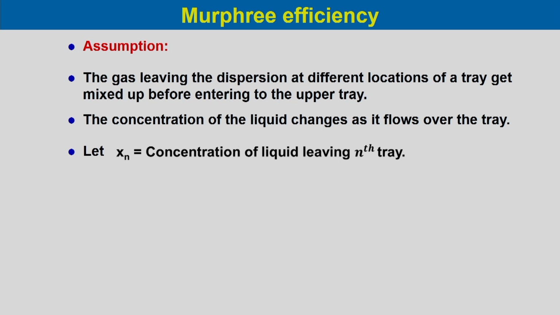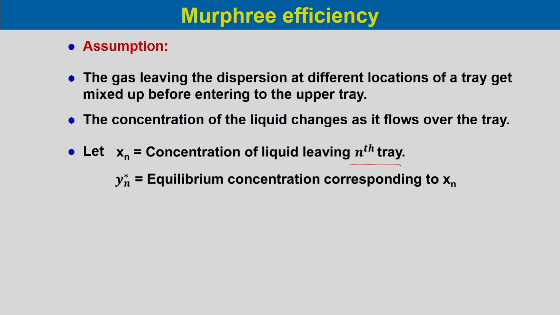Let X_n be the concentration of the liquid leaving the nth tray, and Y_n* the equilibrium concentration corresponding to X_n. So, E_MG is defined as (Y_n minus Y_{n+1}) divided by (Y_n* minus Y_{n+1}).